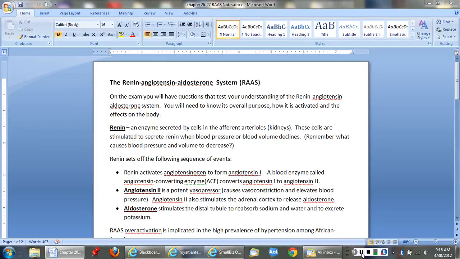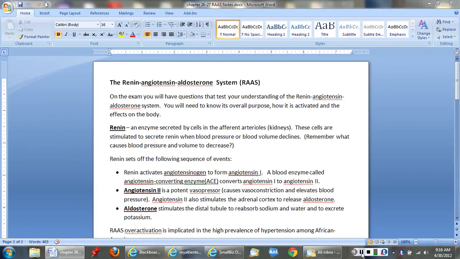Okay, so here we are in the kidneys. So the aldosterone is going to stimulate the kidneys to reabsorb sodium and water. First of all, what does that mean? Right. So we know that the kidneys control what leaves and what comes back into the body.